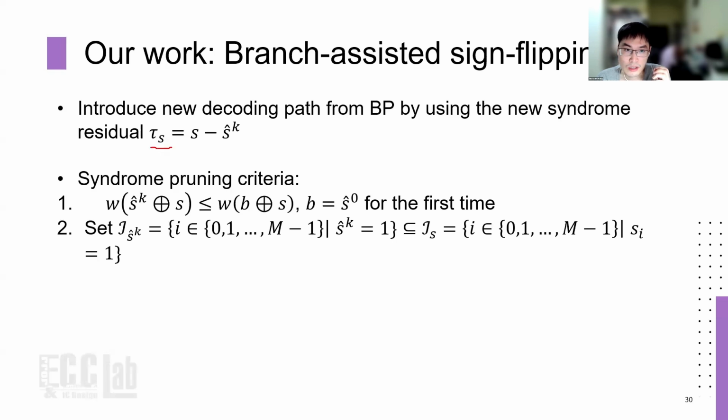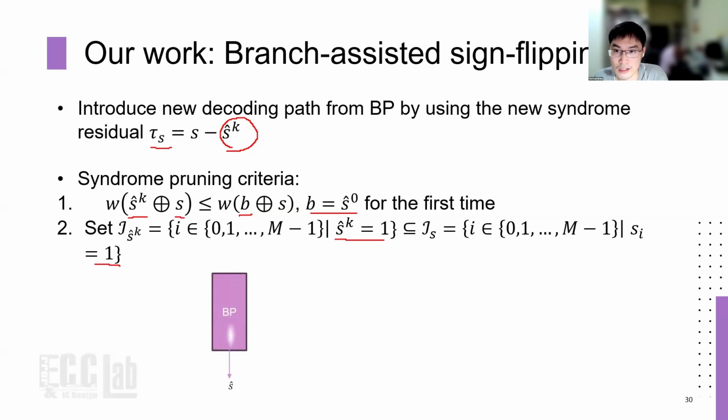To identify the closest syndrome, we use the estimated syndrome at the 0 iteration as the benchmark. We propose two criteria. First, the chosen estimated syndrome should be closer to the real syndrome than the benchmark. Second, to ensure the effectiveness of syndrome pruning to obtain the syndrome residual, the indices of the estimated syndrome should be in the real syndrome.